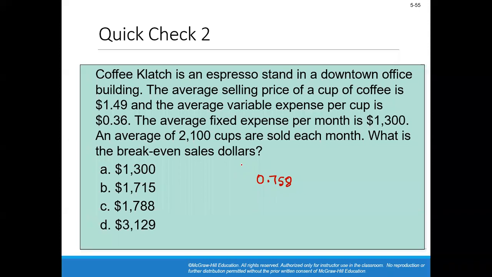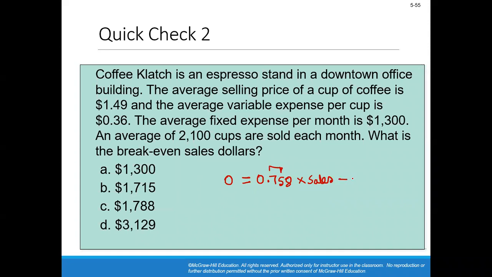Which is more convenient here, using the formula or using the equation? If we put profit equal to 0, and multiply the contribution margin ratio by sales, you know how we have got it.